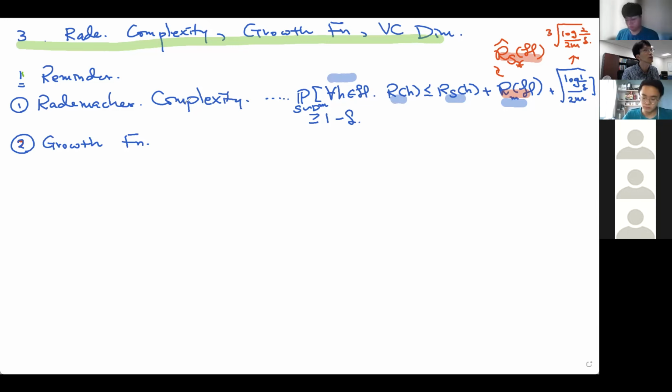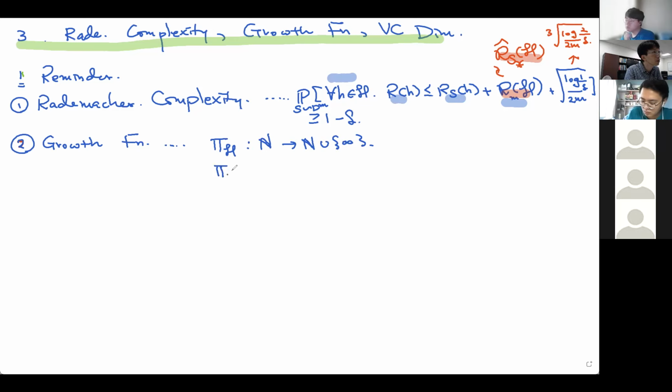On the other hand, in doing so, we get something which is easier to compute or easier to deal with. So the definition of the growth function was this one. If we have a hypothesis class H, the growth function of the hypothesis class is a function that takes a natural number and returns a natural number or infinity. And it's defined like this.